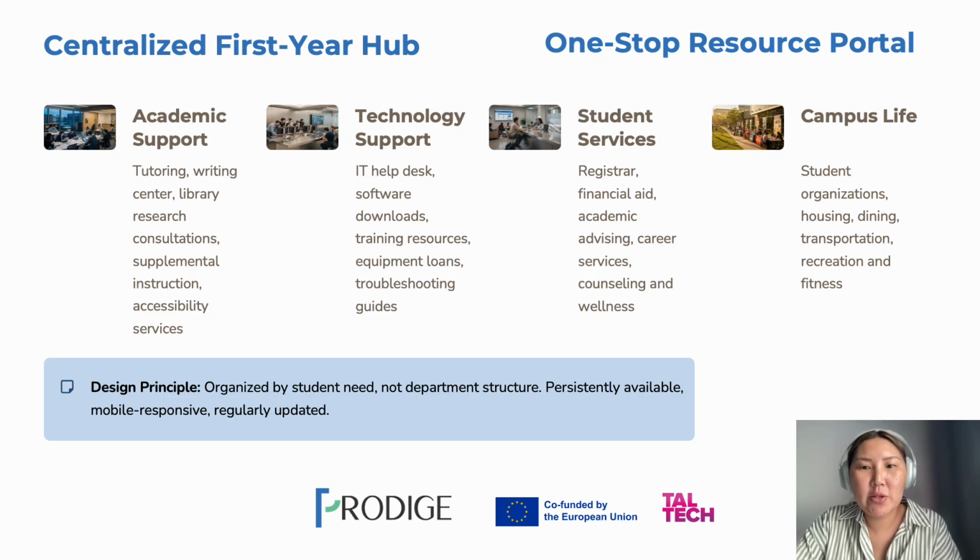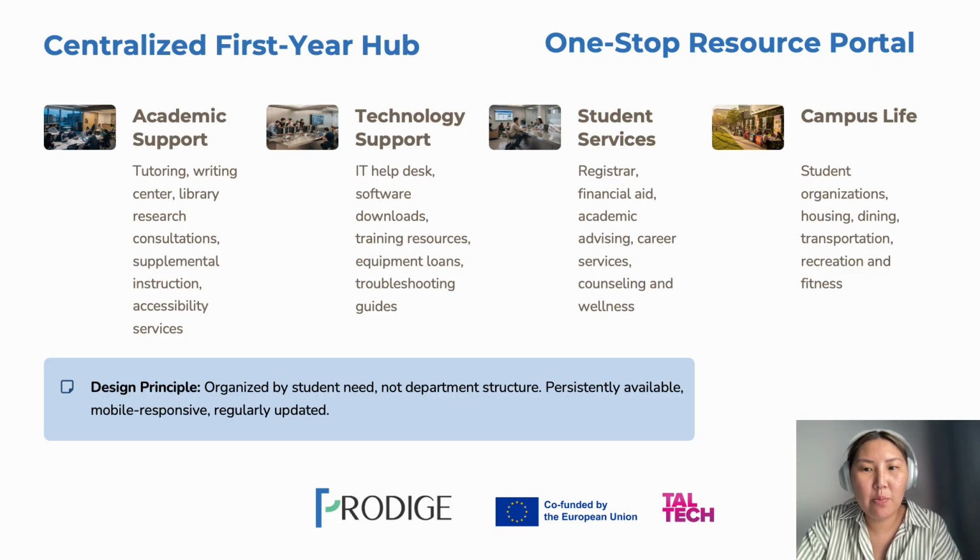Now let's talk about resource introduction, starting with the centralized first-year hub. This is the one-stop resource portal. For academic support, we might include tutoring, writing centers, library research consultations, supplemental instruction, and accessibility services, all in one place.